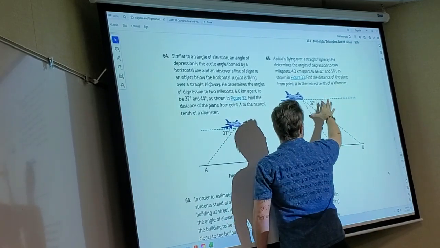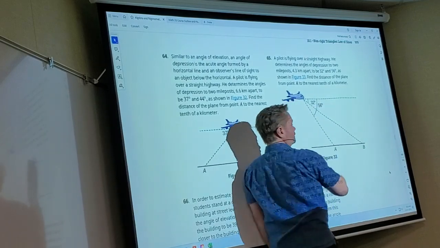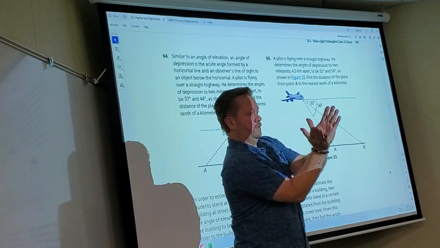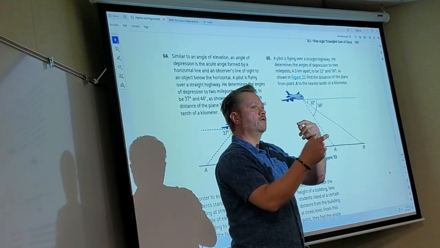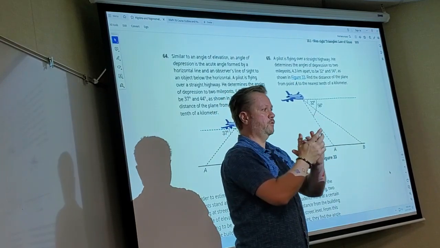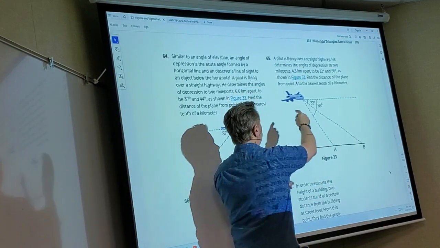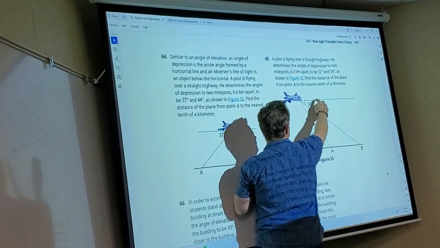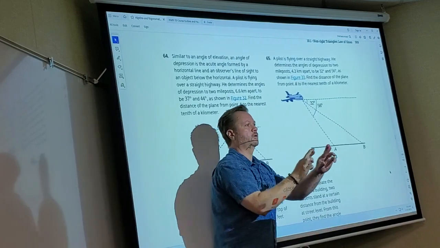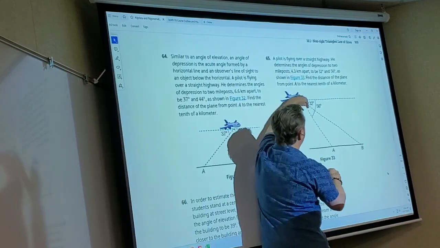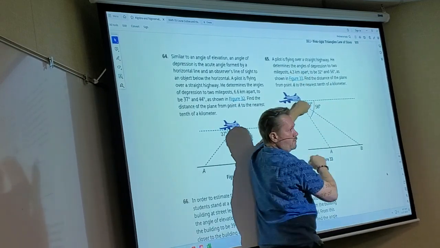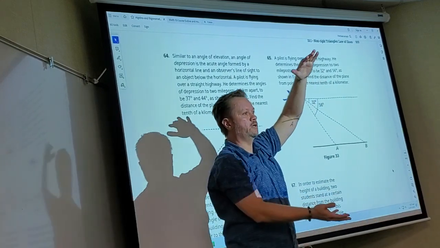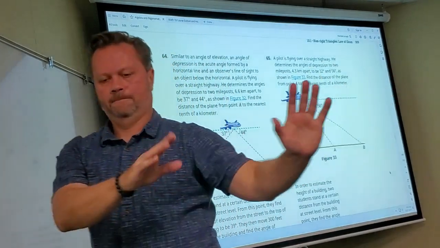If that's 32 and that's 56, how much is this? It's got to be 56 minus 32, 24. You guys see that? This one has got to be 24 because the whole thing's 56. Don't I then know the angle across from the side that we know? Isn't that a complete ratio with law of sines? Okay.